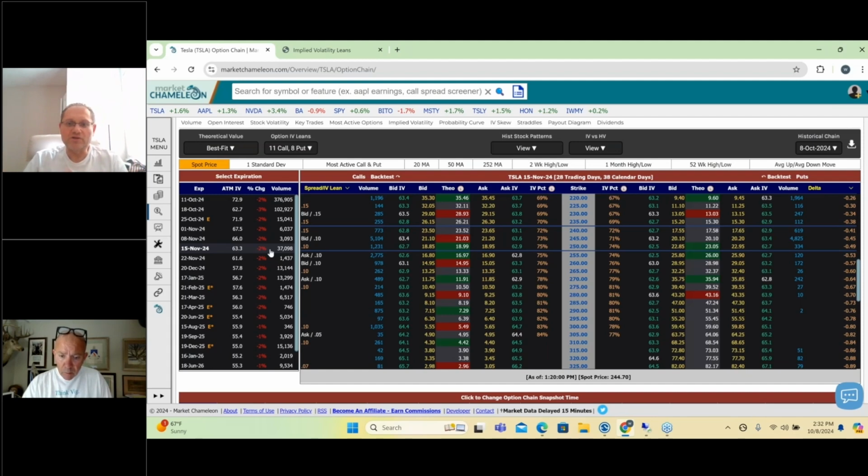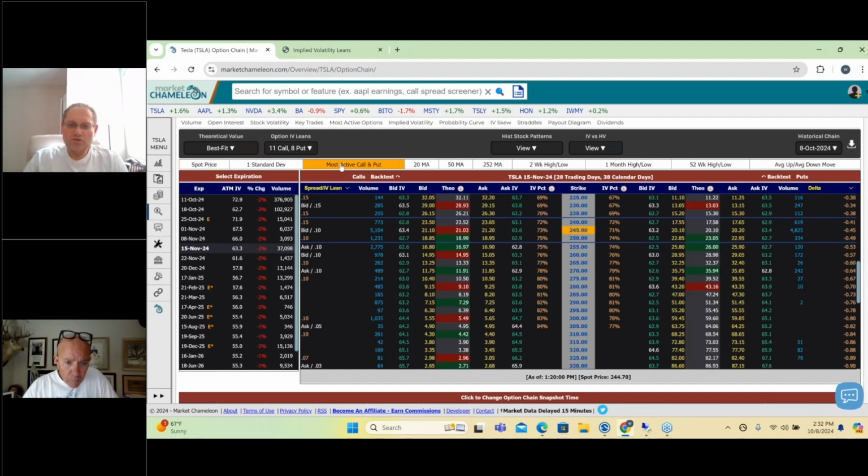So we're going to see a lot of them in stocks like this. But let's look at the most active calls. The most active calls are the 245. Once we detect the most active calls in this expiration, we can get an idea of what might be going on here.